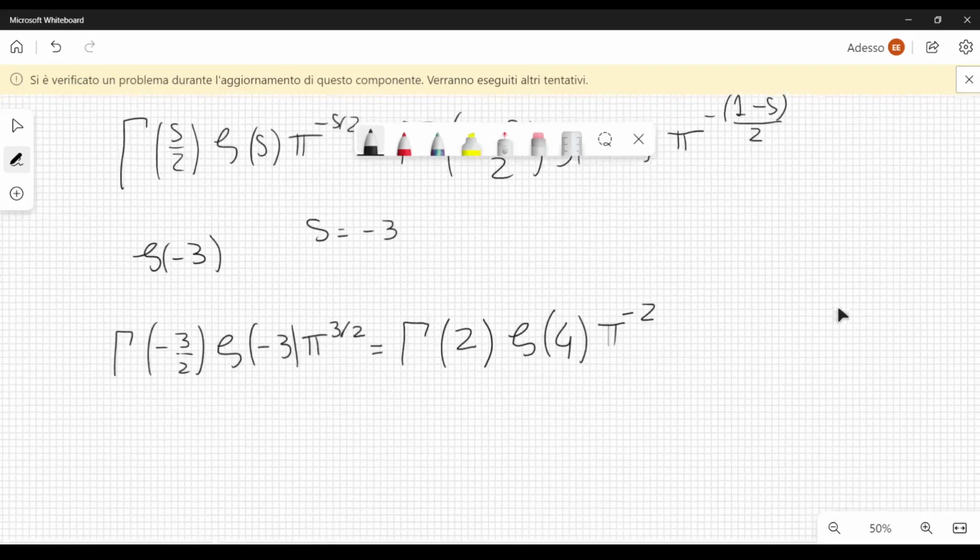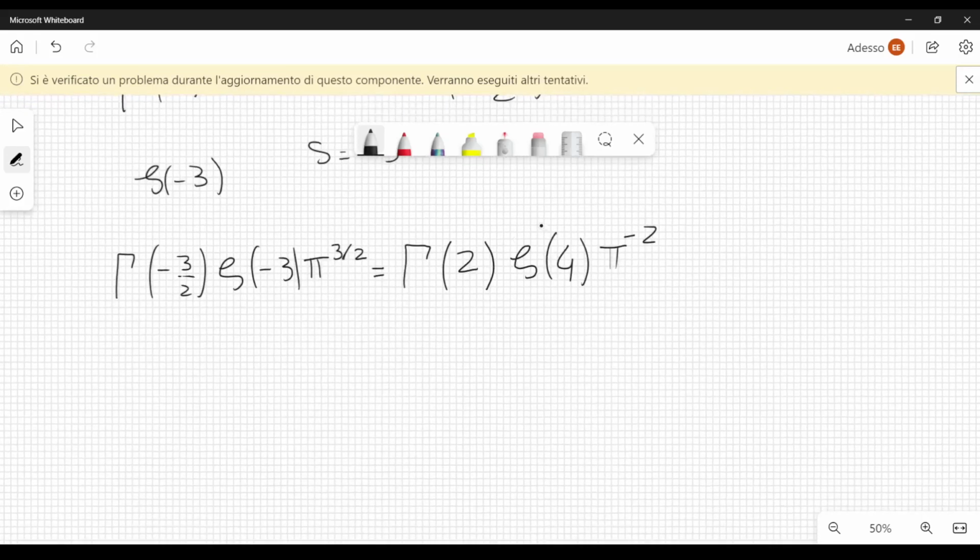Now for zeta of 4, we have a formula, because the argument of zeta is equal to 4, so we can use the summation of 1 over n to the power 4, summing from 1 to infinity. This is a very recurrent summation.